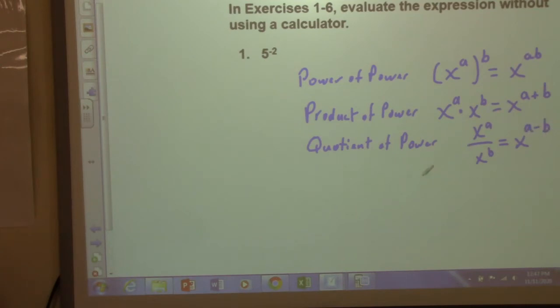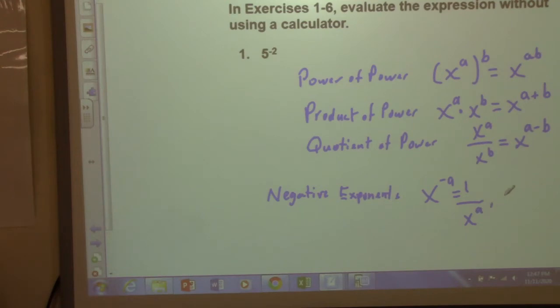Okay, quotient of power. The next one has two parts. It's called the rule of negative exponents. If we have x to the power of negative a, that's the same as 1 over x to the a power.